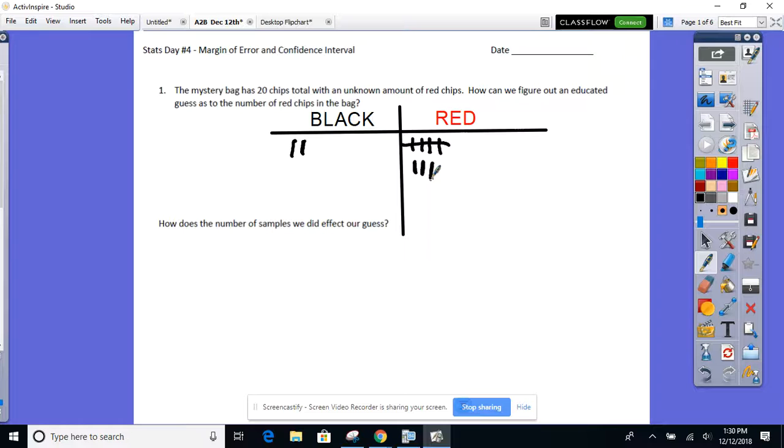There's a shocker. Black. Red. We're only up to 12. Let's get this moving. Red. Red.